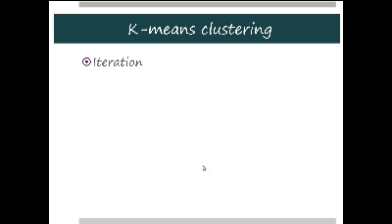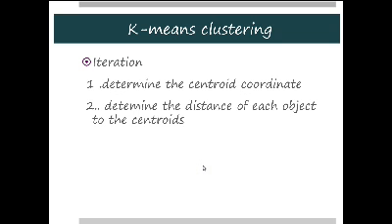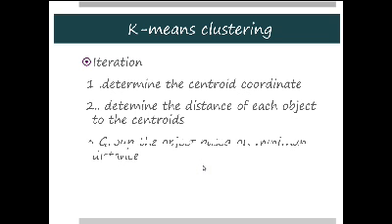After that, you go to the iteration step. In the iteration step, you determine the centroid coordinates, compute the distance from each object to the centroids, and group the closest objects into that group.